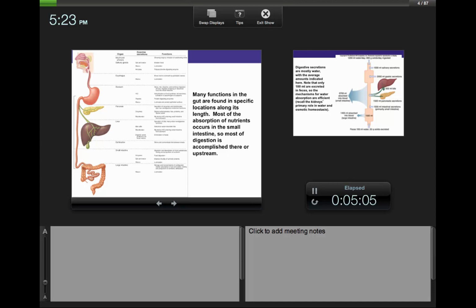And the large intestines, their function is really about forming feces and moving it down the line. There is some absorption in the colon, but it's really about making feces. And then finally the rectum and the anus, and that's all considered the alimentary canal.